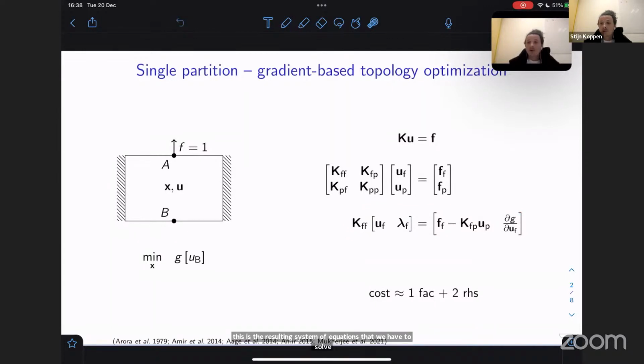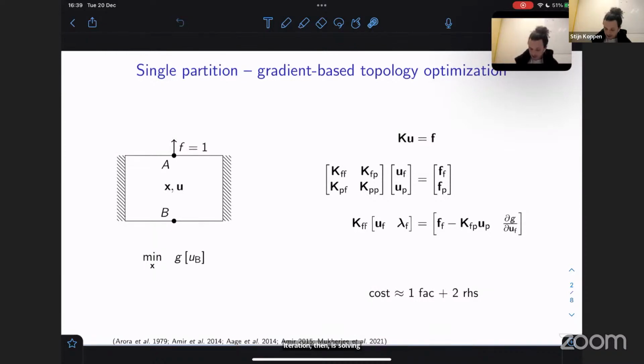And we can do so using direct methods or iterative methods. And for the explanation of this talk, we just assume we use a direct method, but the same conclusion holds for iterative methods. And then the dominant cost in every design iteration is solving this system of equations.